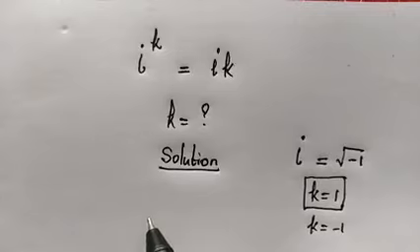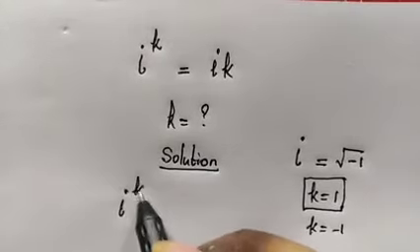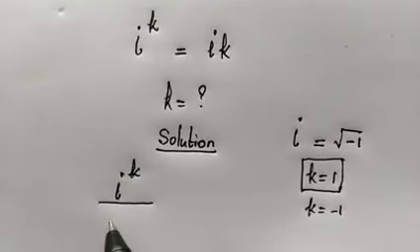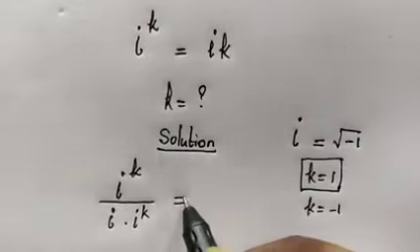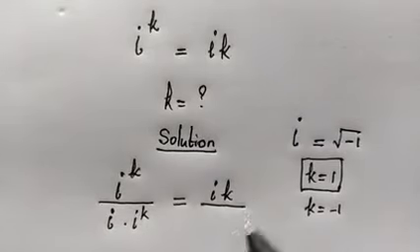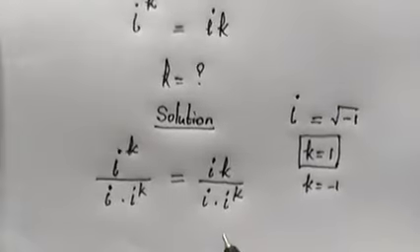First, let us divide both sides by i times i to the power of k. So here we have i raised to the power of k divided by i times i raised to the power of k, which is equal to i times k divided by i times i to the power of k.